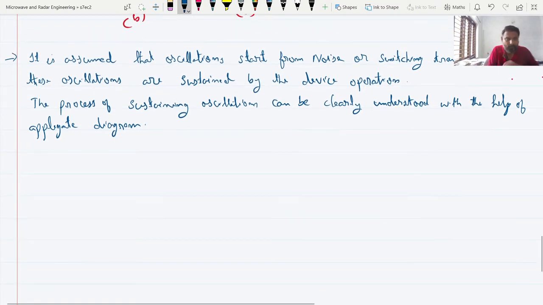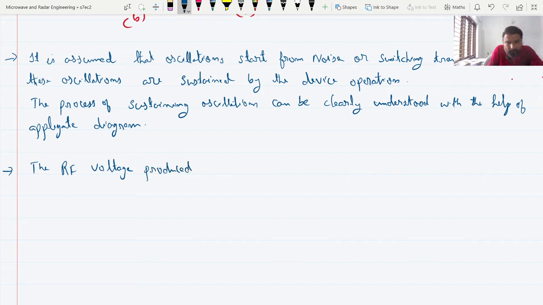The second point I have to discuss is the RF voltage that is produced across the gap by the cavity oscillation.